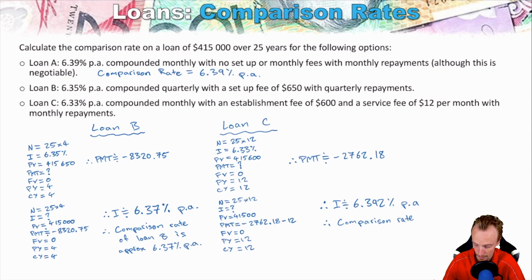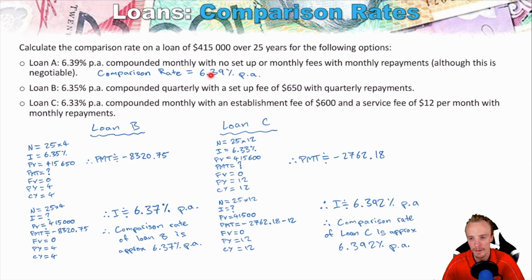Rate of loan C is approx 6.392% per annum. Now, if you're wondering why I left it to 3 decimal places where this one was 2, it's actually because I knew that this one was 6.39.